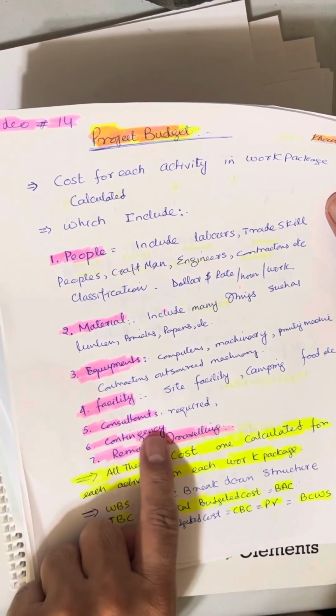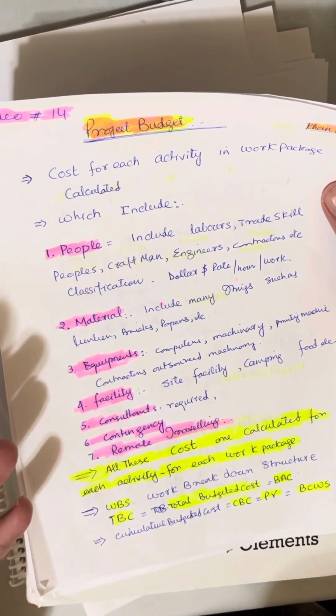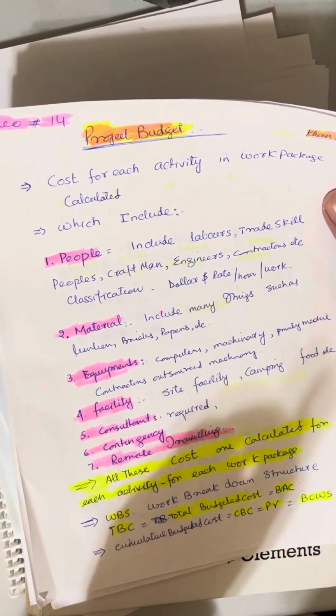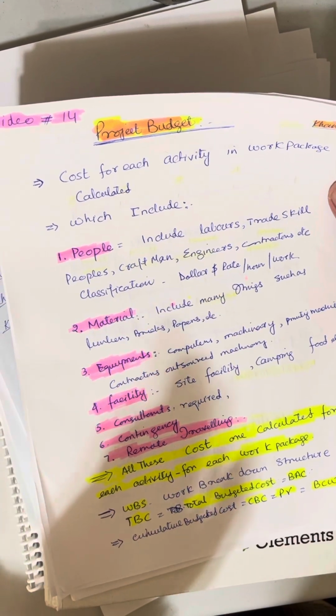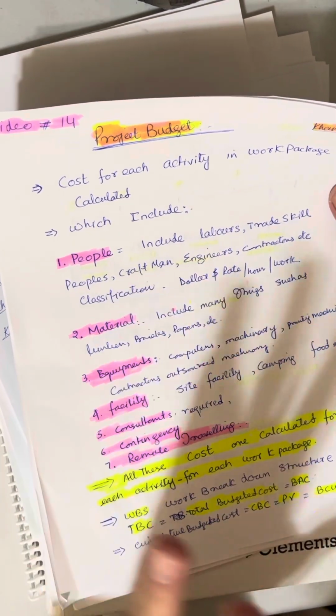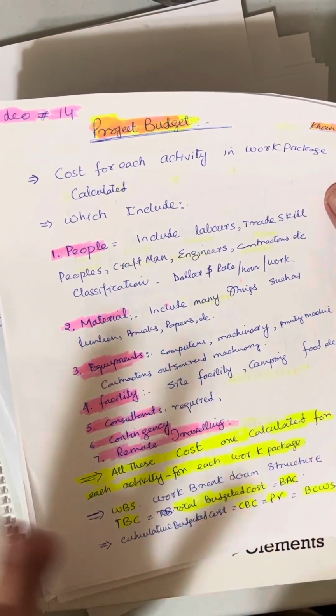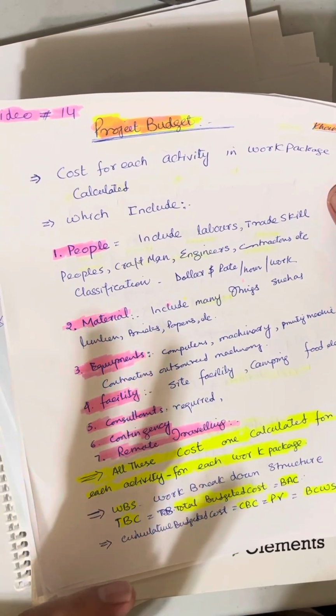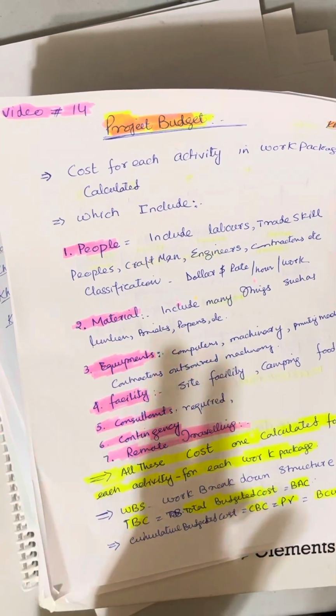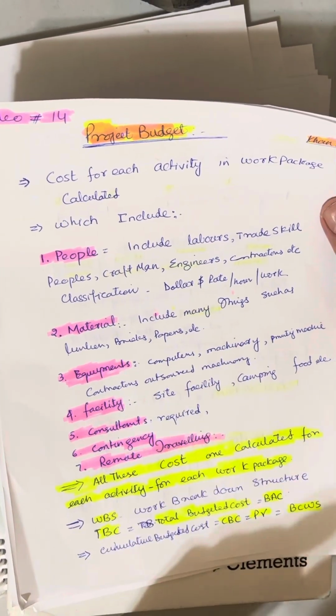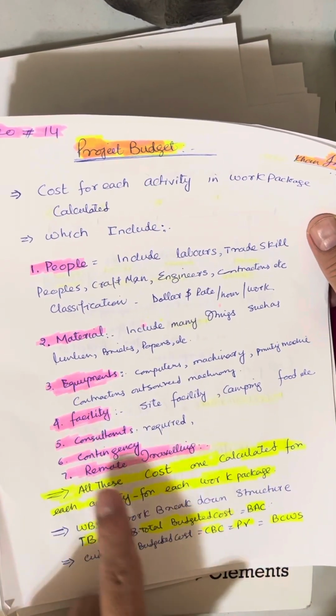And then we put in the contingency. Contingency is an emergency fund, which is usually 5%, 3%, or 10% in a project. This is the money we put aside in case something happens, for example if an activity has to be done again or doesn't go well the first time, then the second time we spend that money.